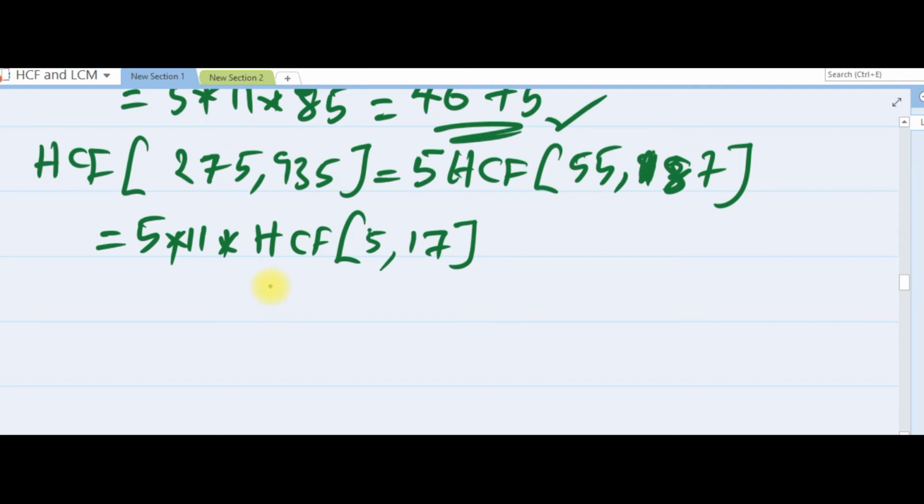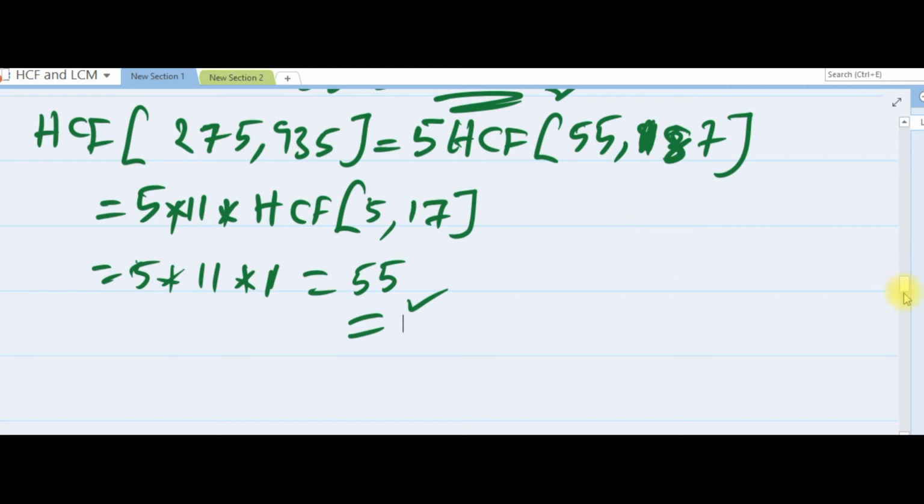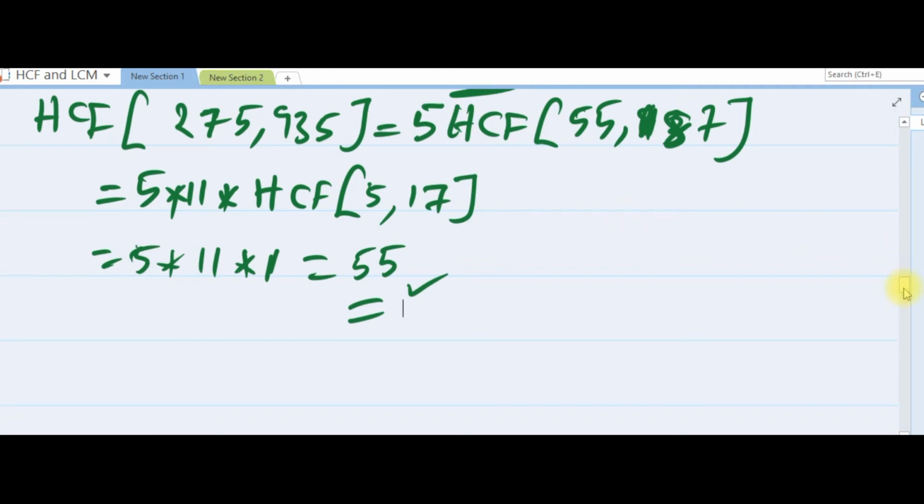So this is now 5 times 11 times the HCF of 5 and 17, which is 1. So the answer is 55. It's a very nice way of finding the HCF and LCM of very large numbers. Check out the common factor, bring it out, and still find the HCF or the LCM of the remaining.